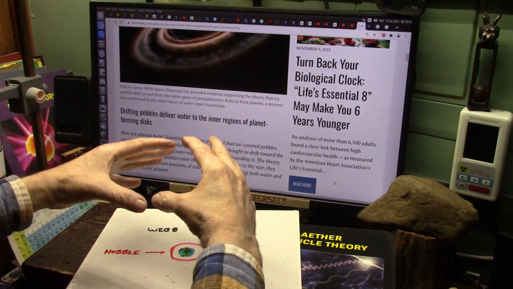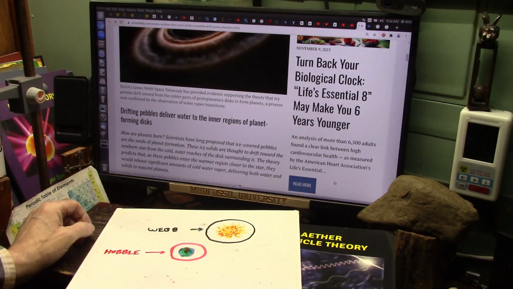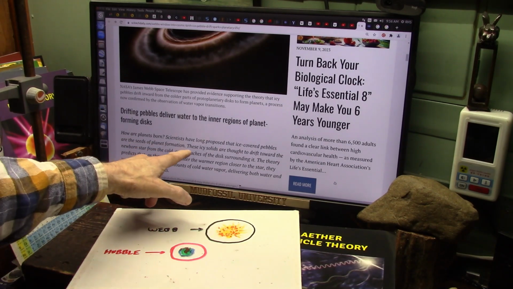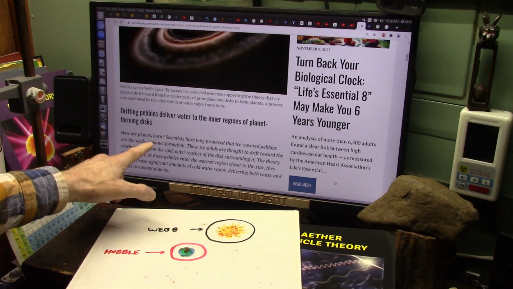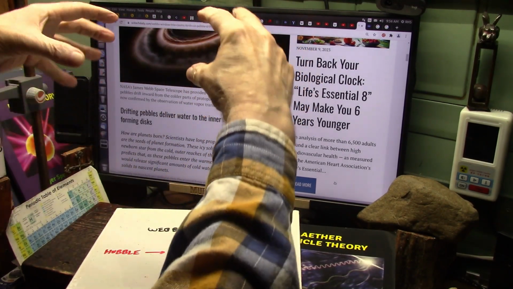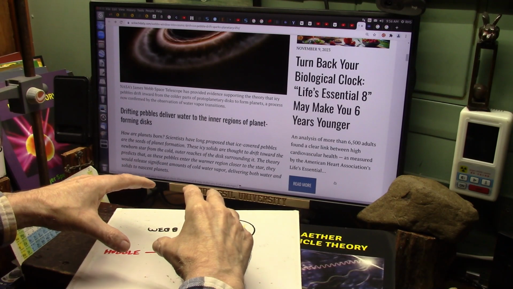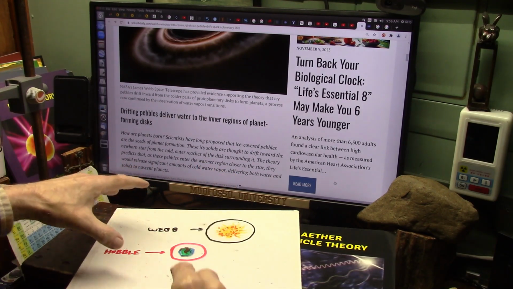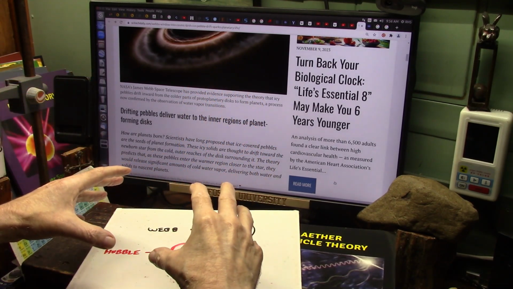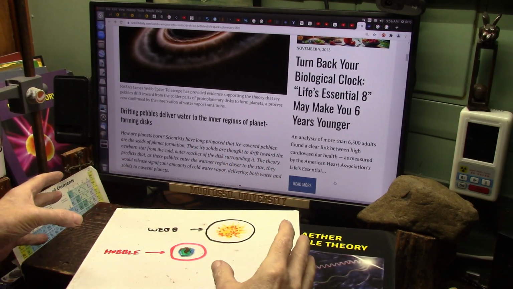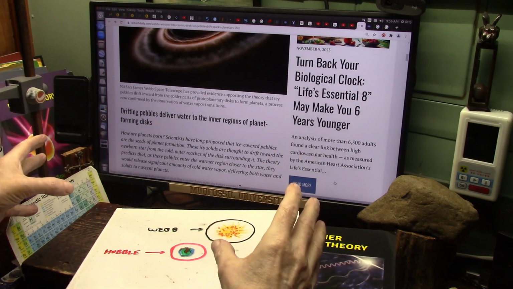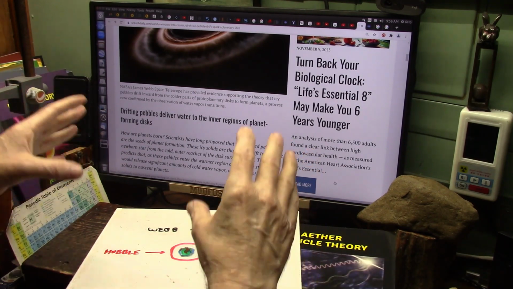They're drifting down towards the planet from gravity. These icy solids are thought to drift down toward the newborn star from the cold outer reaches surrounding the disk. The theory predicts that as these pebbles enter the warmer region closer to the star, they would release significant amounts of water, cold water, delivering both water and solids to the planet.